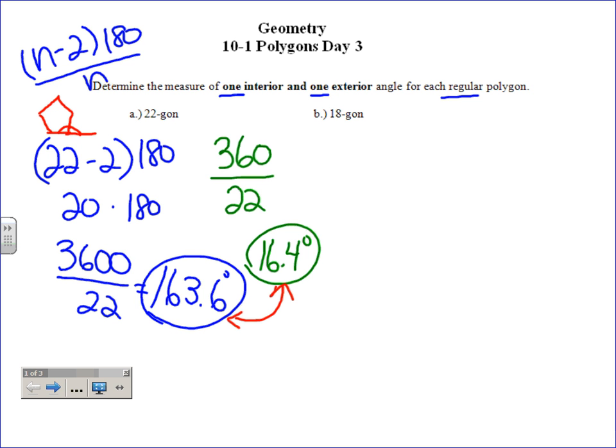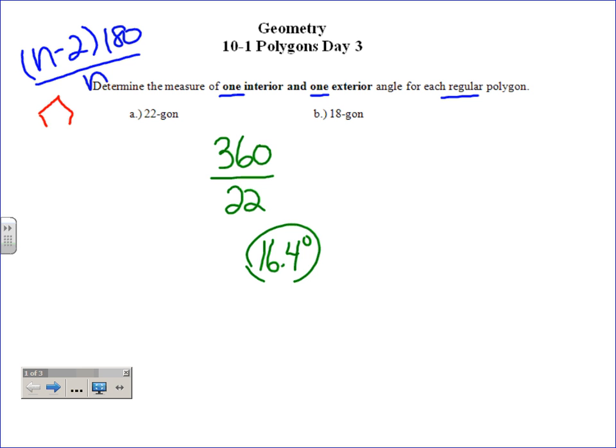Yeah, but here's how I actually will do the problems. When I see these problems, I don't do all this work, even though the book really wants me to. I say, okay, let's find one exterior. You know why? Because guess what number is the same every single time? 360 is the sum of the exterior. Divide by how many angles? You agree that's 16.4?